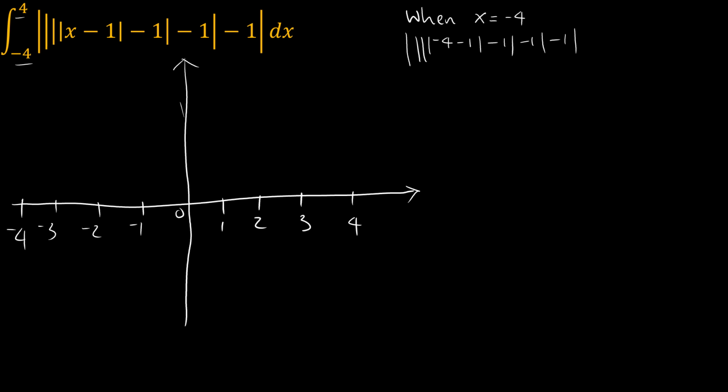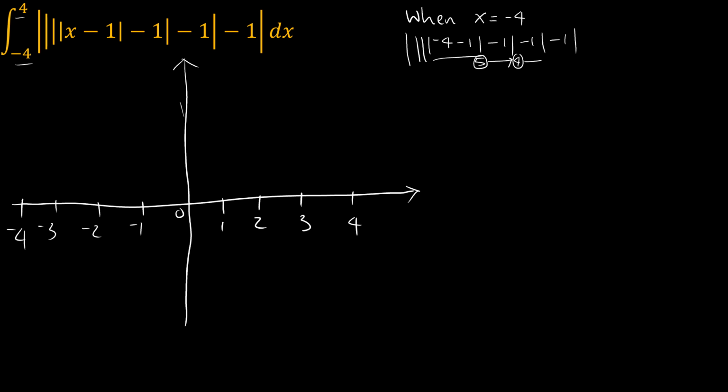Okay, so let's see from this part here, -4 minus 1 is -5. So we have 5, right? And then subtract 1, that goes to 4.